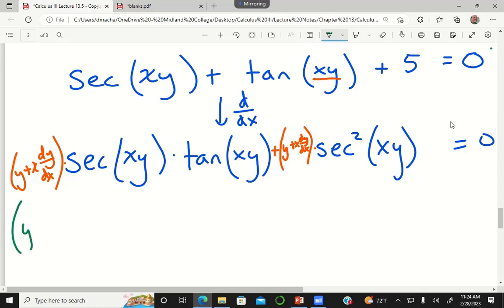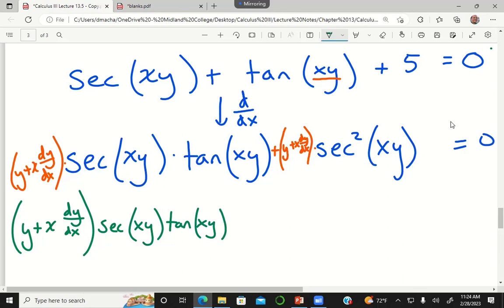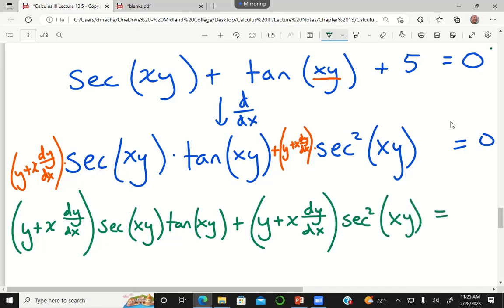It should be y plus x dy dx times secant of xy times tangent of xy plus y plus x dy dx times secant squared xy equals 0.